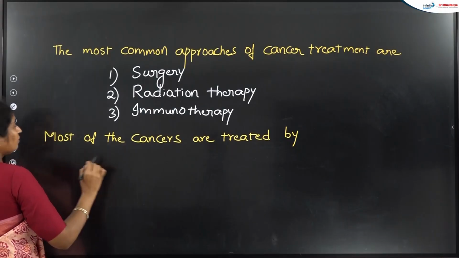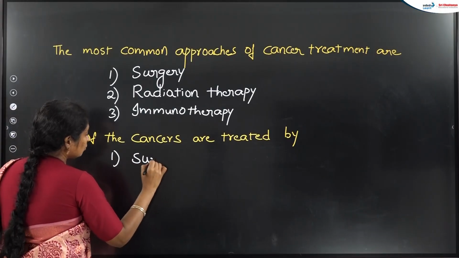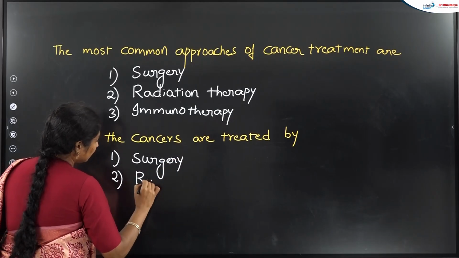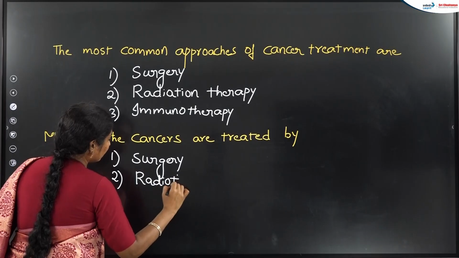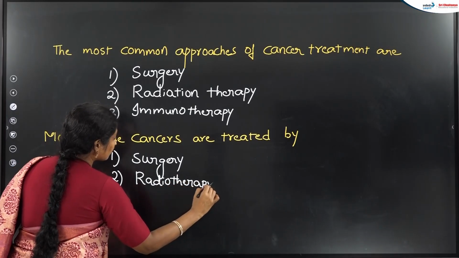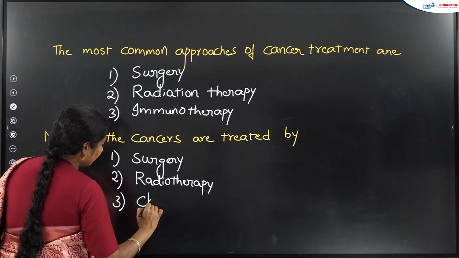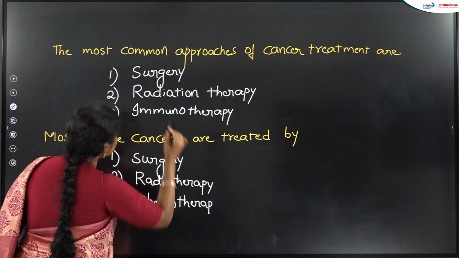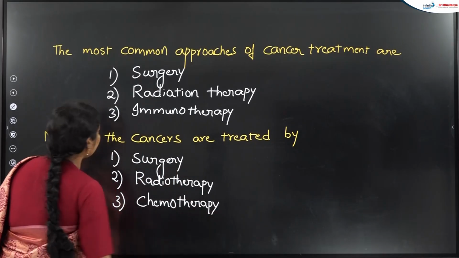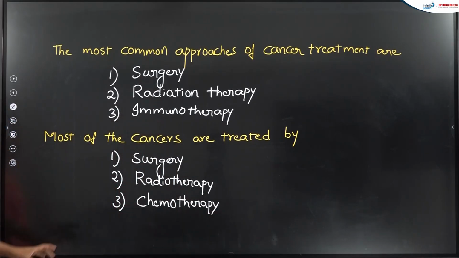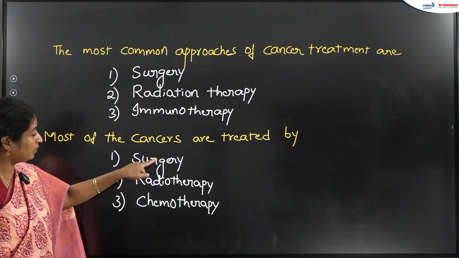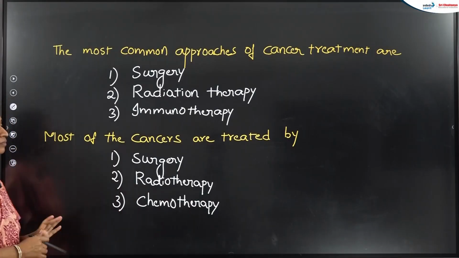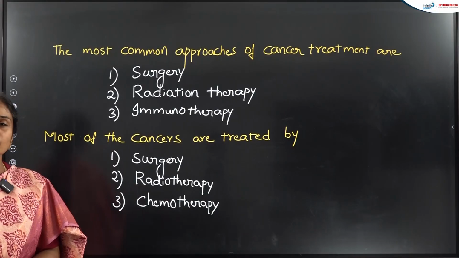These are different questions. In that case the answer will be surgery, next radiotherapy or radiation therapy, but for the third one we have to say chemotherapy. Common approaches means the combination of surgery, radiotherapy as well as immunotherapy. That's all. Thank you.